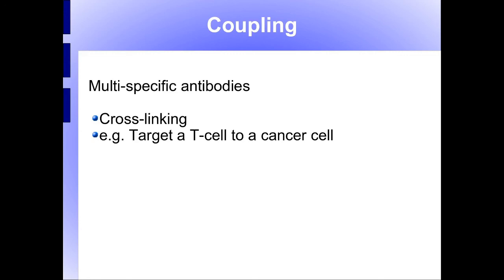So if you make one of the arms bind to one thing, the other arm bind to something else, then you can achieve cross-linking between those two things. An example here would be to have one arm binding to killer T cells, typically by binding to the surface molecule CD3, and the other arm binding to a cancer cell, so that you target the T cell to the cancer cell.